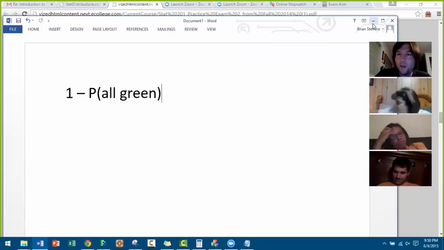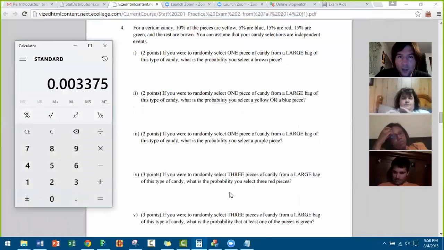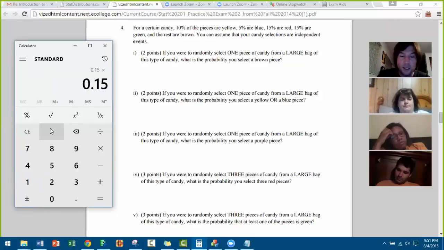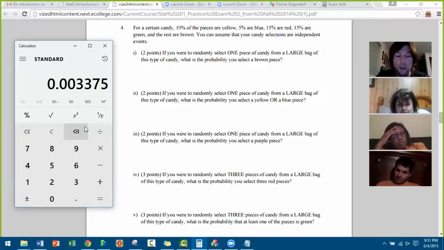So what does this solve out to? Solving it out right here, the probability of all green is on our first draw, we get a green, and that would be 15%. On our second draw, we get a green. That would be 15%. On our third draw, we get a green. That's 15%. We get the same thing right here, and we take 1 minus it. And that's the probability they're not all green.